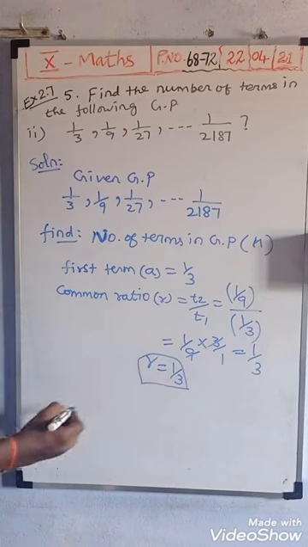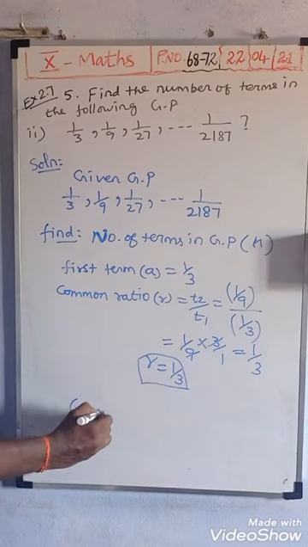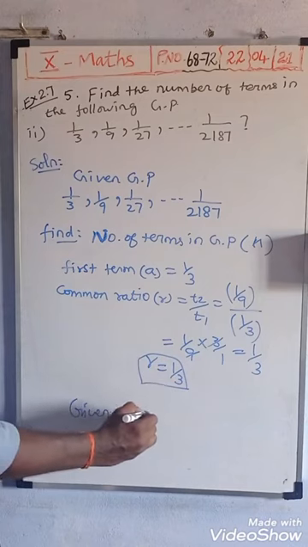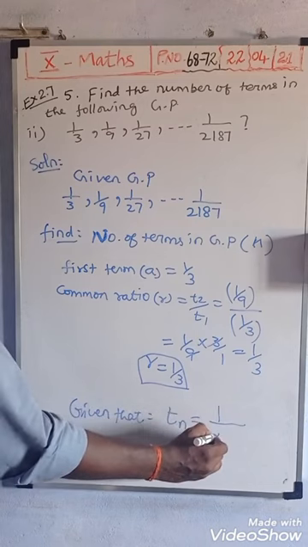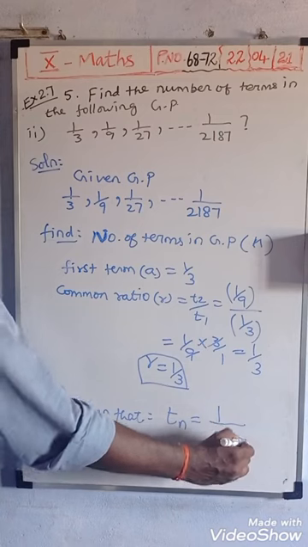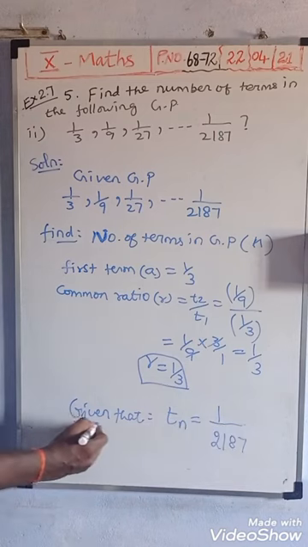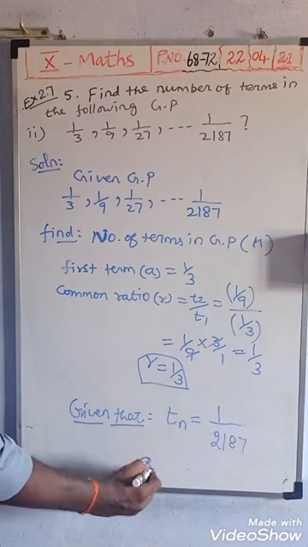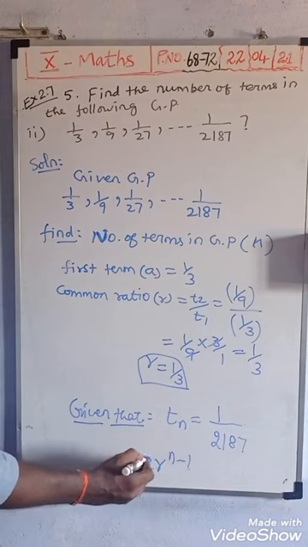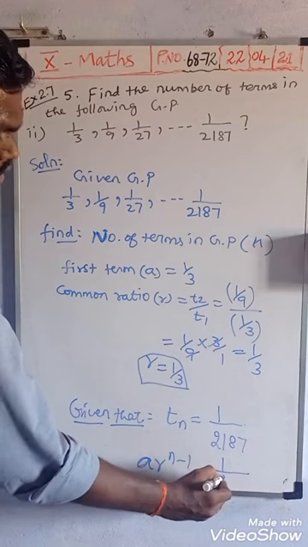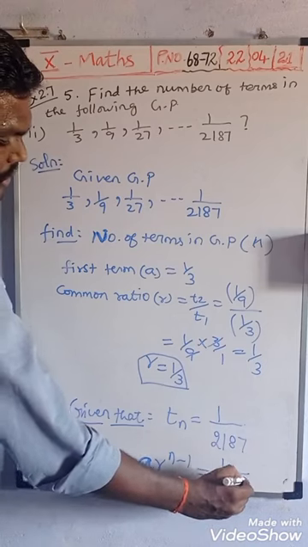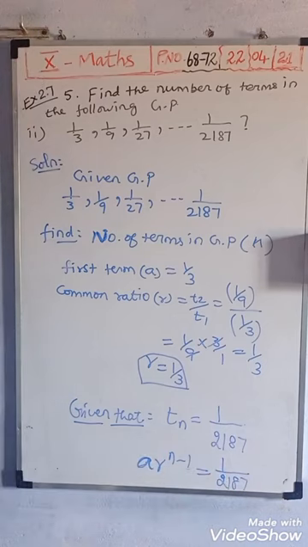Here it is given that Tn = 1/2187. We already know the Tn formula, A r^(n-1) = 1/2187. Use this formula.